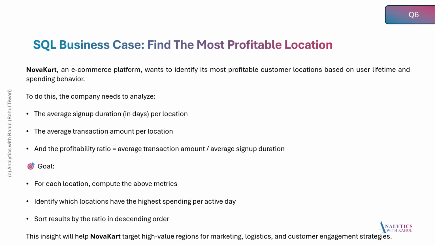So first of all, let's get the data, see what data we have, and then we'll try to understand the problem we have to solve. At the same time, we'll go ahead and solve this entire problem statement.